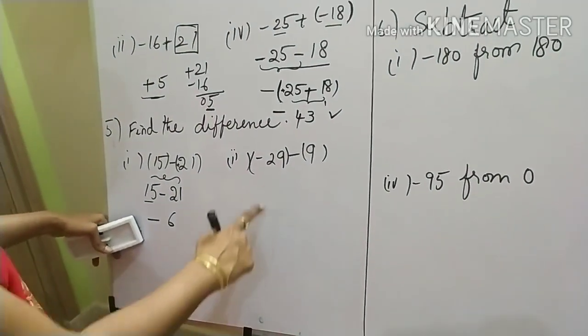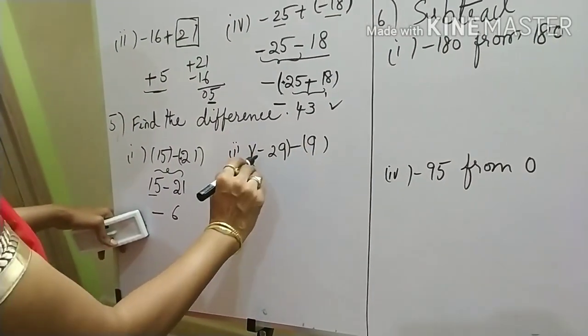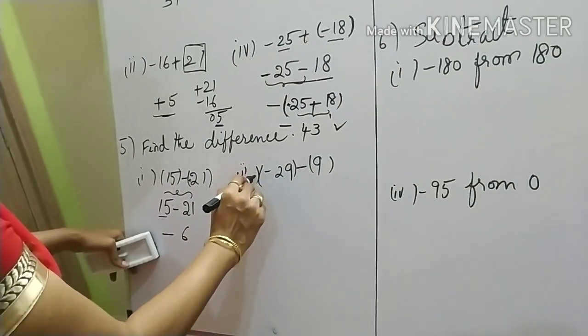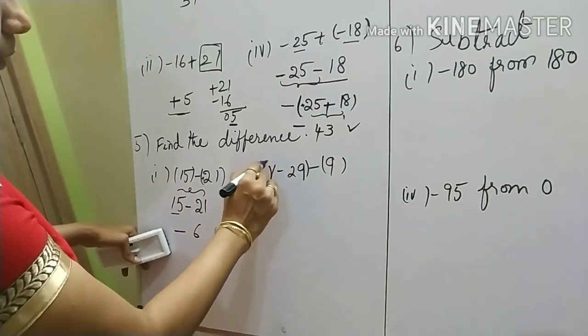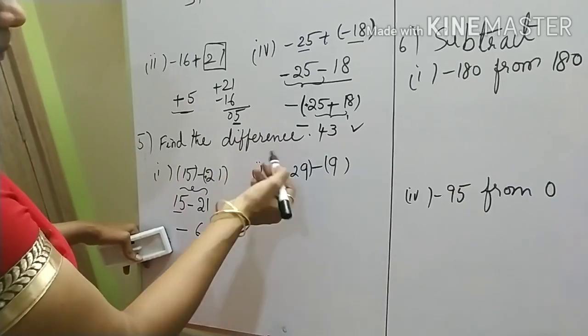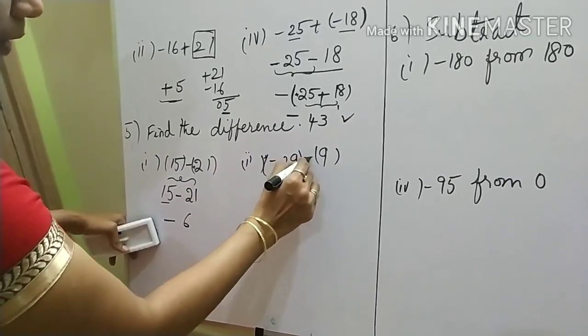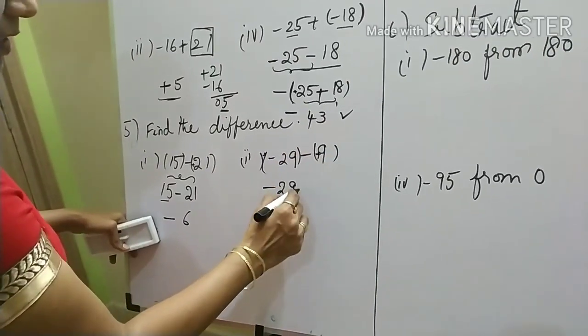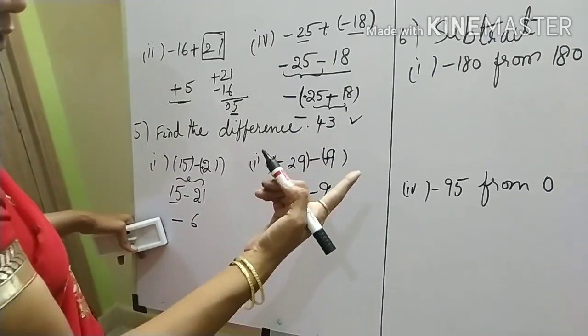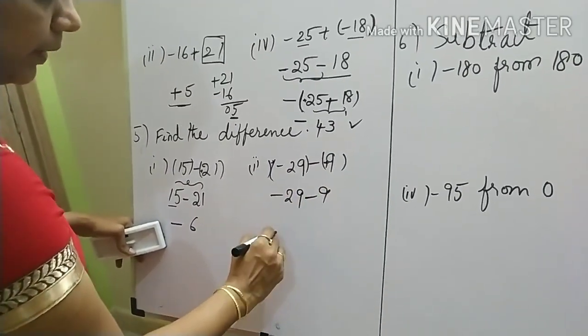Now see this one, without brackets I am writing here. Bracket minus 21, before it nothing means plus. Plus into minus, minus 21. Here I have minus, here I have plus, nothing means plus. So minus. Both minus, what did I say? Bigger number's sign minus.